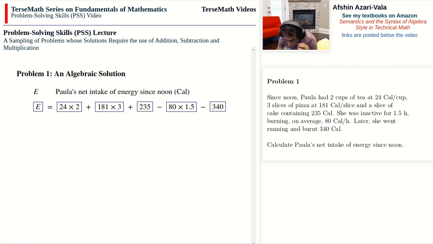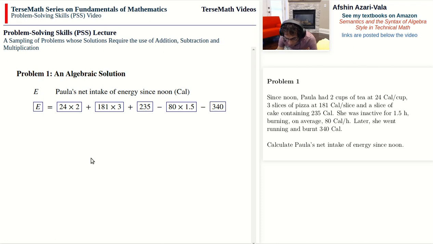And so you notice that you can actually read this as E, which is Paula's net intake of energy since noon, is equal to the intake of energy from the cups of tea, plus the intake of energy from the slices of pizza, plus the intake of energy from the cake, minus the energy that she lost when she was inactive, and then we subtract the energy that she lost when she went running.